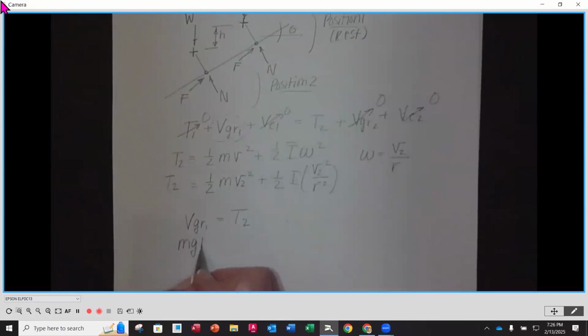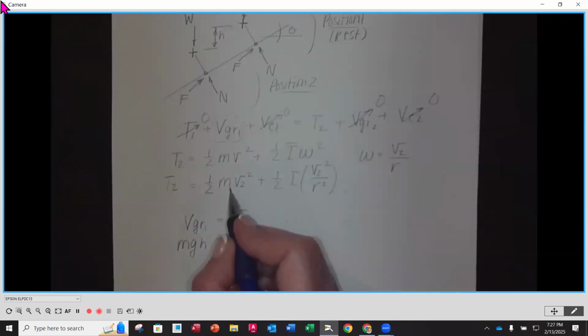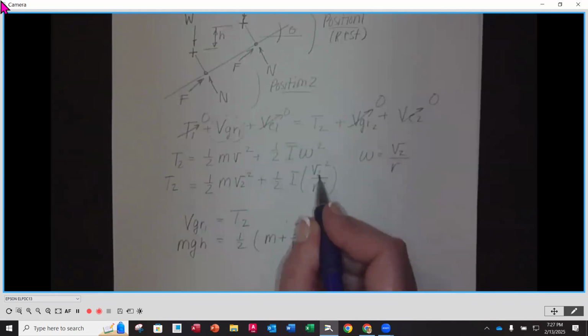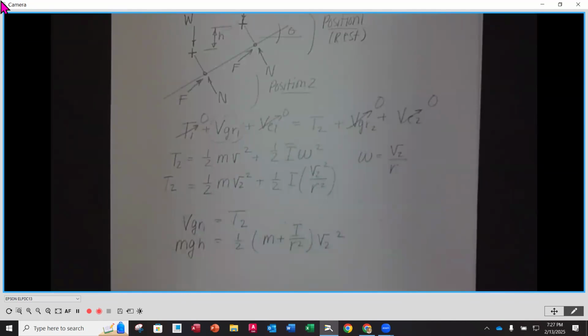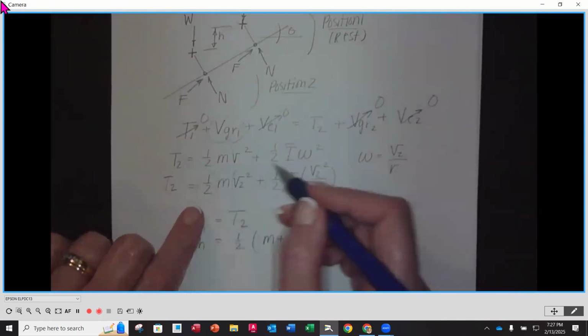So mgh is going to be equal to 1/2 times mass plus I over R squared, times V2 squared, because we're going to pull the 1/2 out on either side here. So what I did was I factored out the 1/2 and the V2 squared.